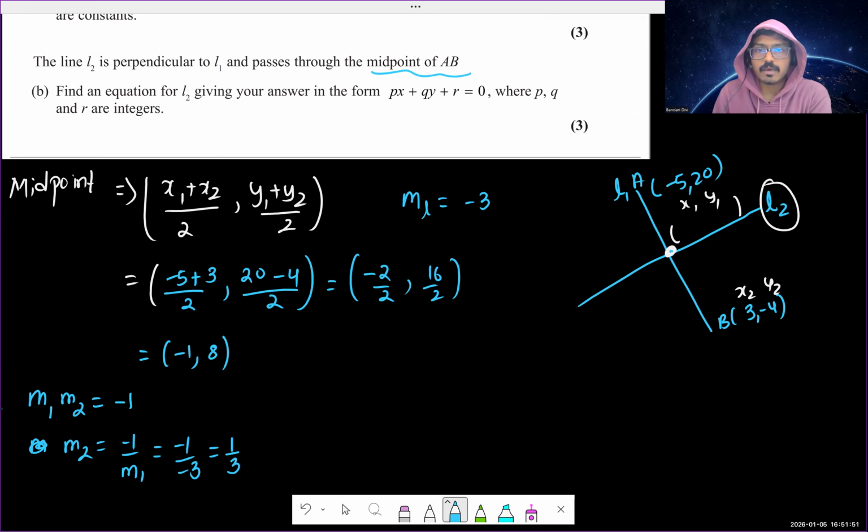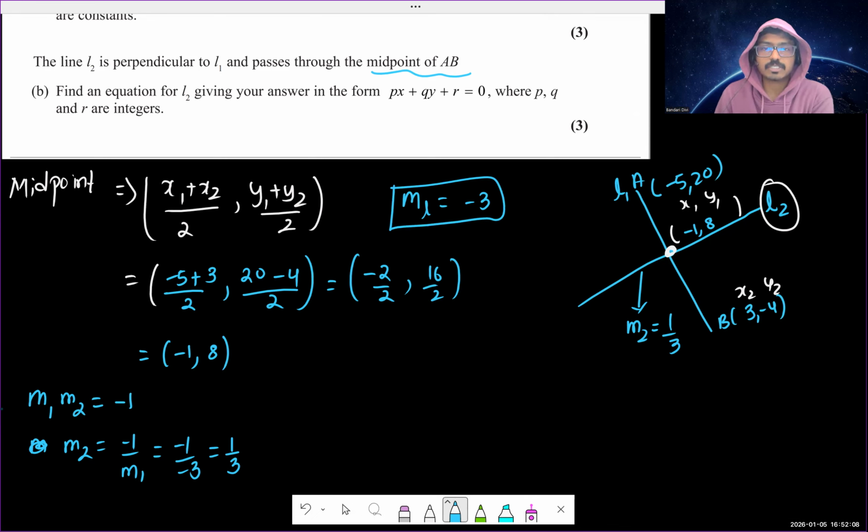So we got our midpoint, that is (-1, 8), and the gradient of this line M2 would be 1 over 3, which is the negative reciprocal of the previous slope. So now we can use the midpoint coordinates.